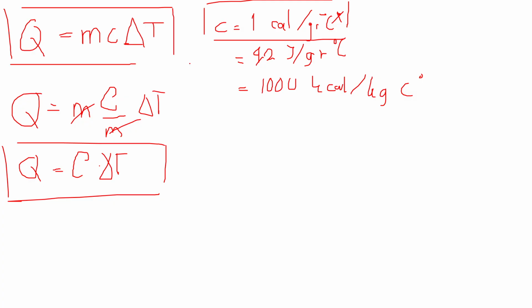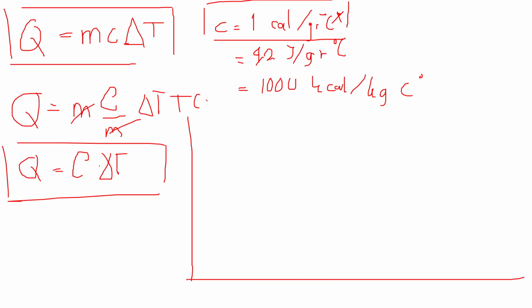Now, before I go on, I need to mention one thing: change of matter. Let me make a graph. This axis would be temperature, in Celsius, and this one would be energy.